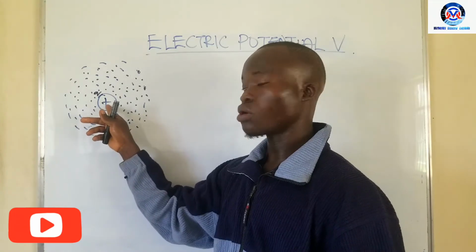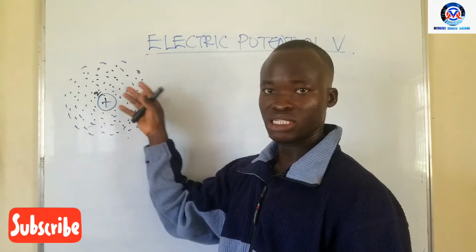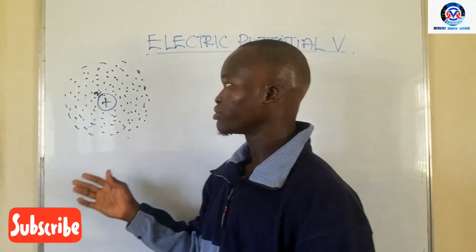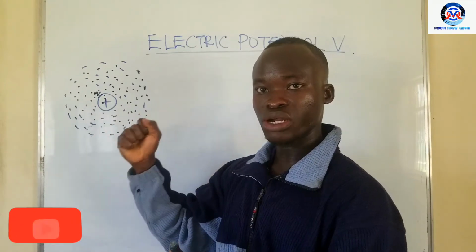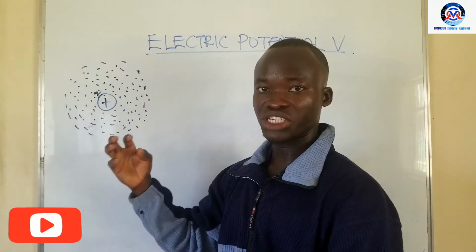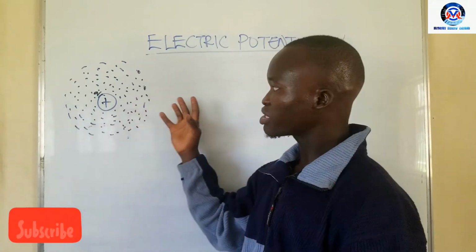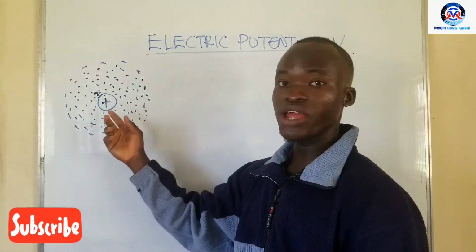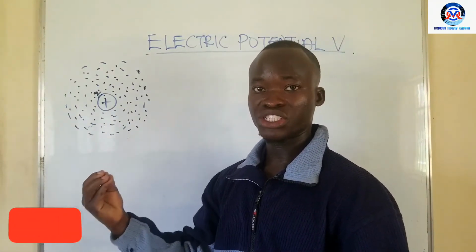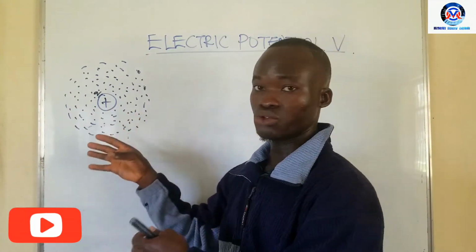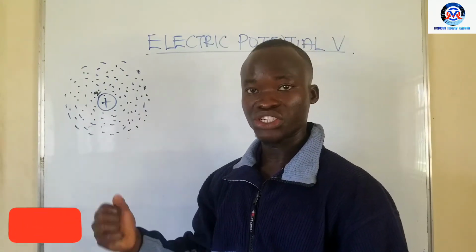Due to the presence of this charge, we have electric potential at every point in space, and the closer the point to the charge, the stronger the electric potential, or the higher in magnitude the electric potential. Points that are very far away from the charge have low electric potential, but points closer to the charge have strong electric potential.